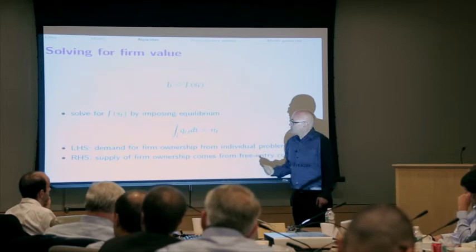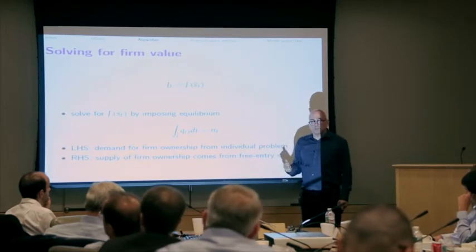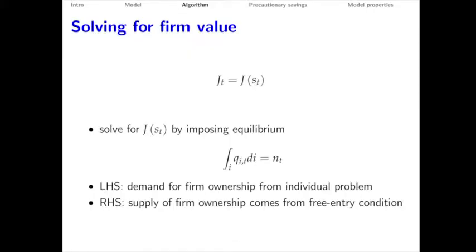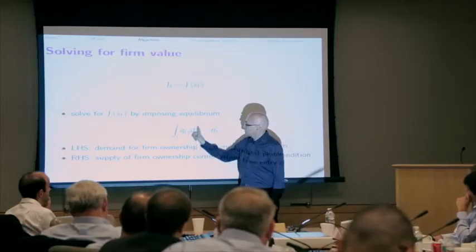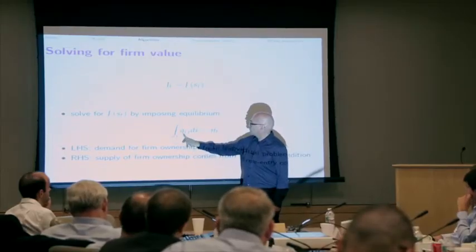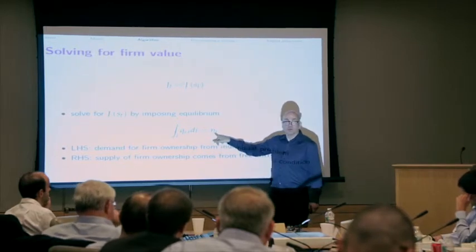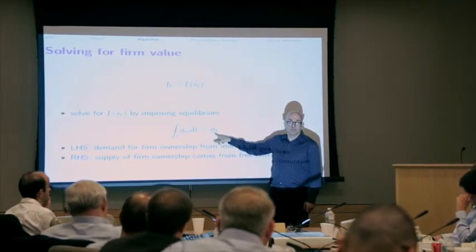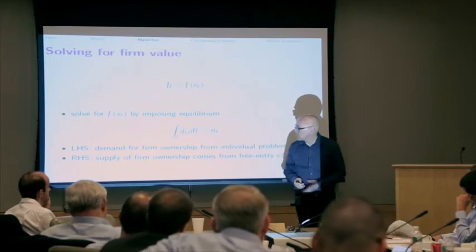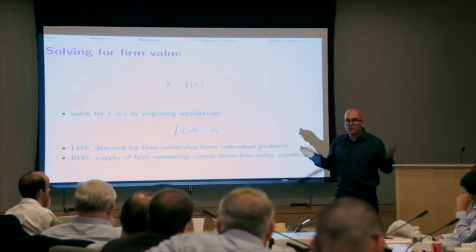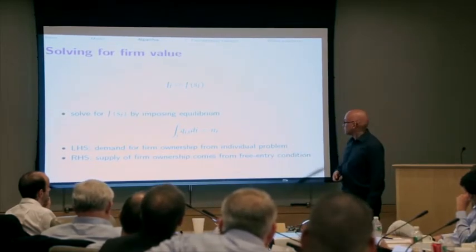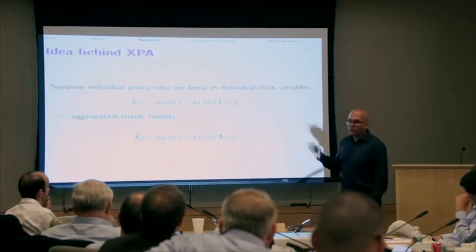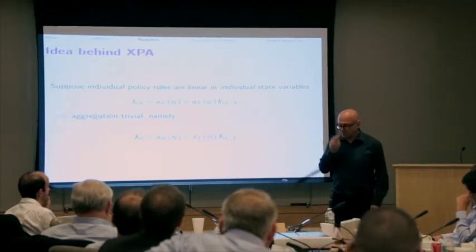But the way we wrote up the problem for the agent, J will also affect the total demand by consumers. So we just solve for the J that satisfies the equilibrium condition: that the total demand of all agents for Q, which is firm ownership, is equal to the N that comes out of the free entry condition. And it's actually quite simple. Anyway, that's how we deal with J.